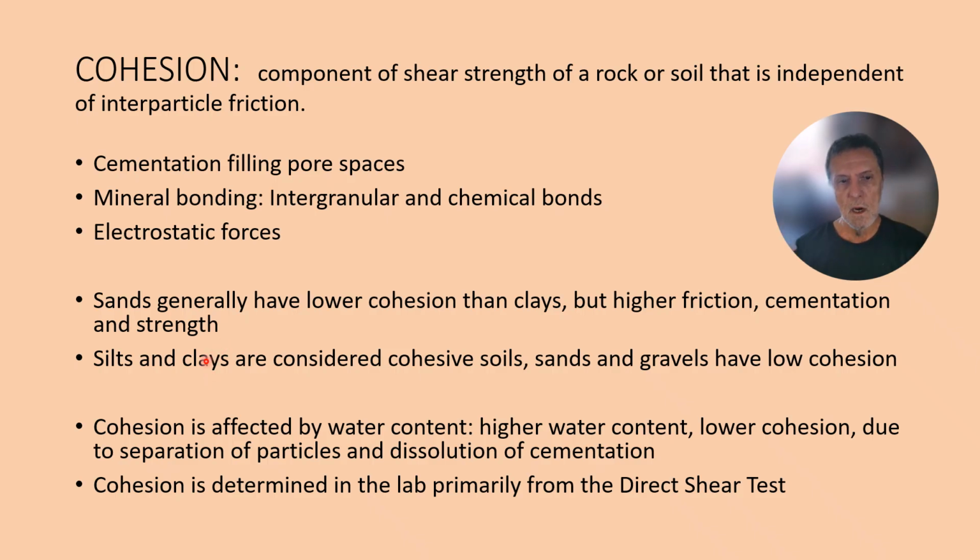Silts and clays are more cohesive. There's more intragranular chemical bonding. There's higher electrostatic forces. What affects cohesion? Well, it's affected by water content. Higher water content, lower cohesion. You determine cohesion in the lab primarily from a direct shear test.